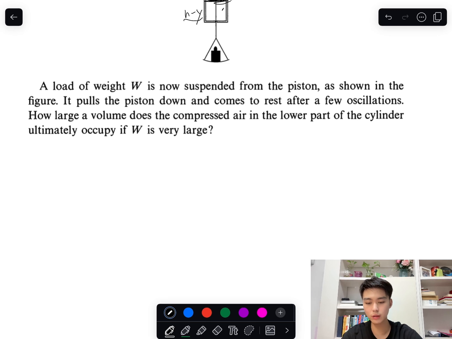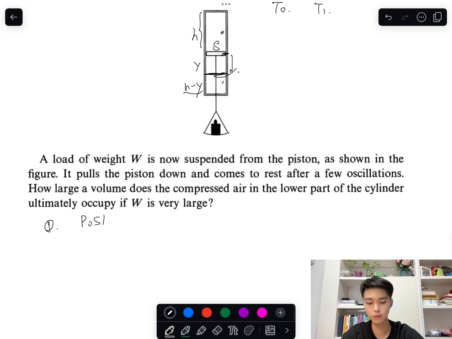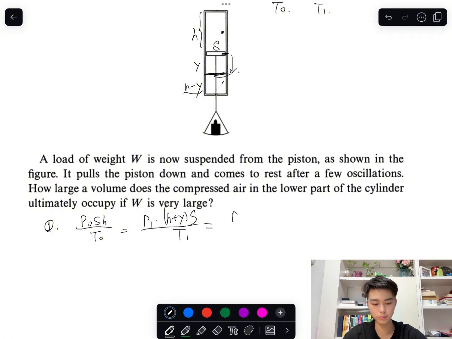First of all, PV equals mu times R times T. So here I'll indicate V: SH over T0 equals P1 times (H plus Y) S over T1, and it all equals R, because mu equals 1.